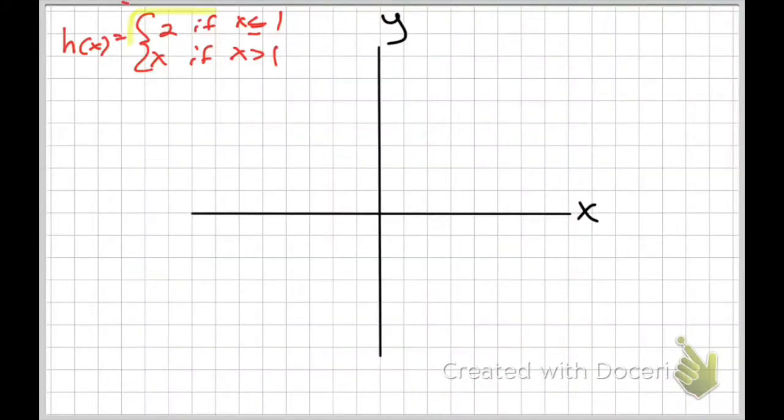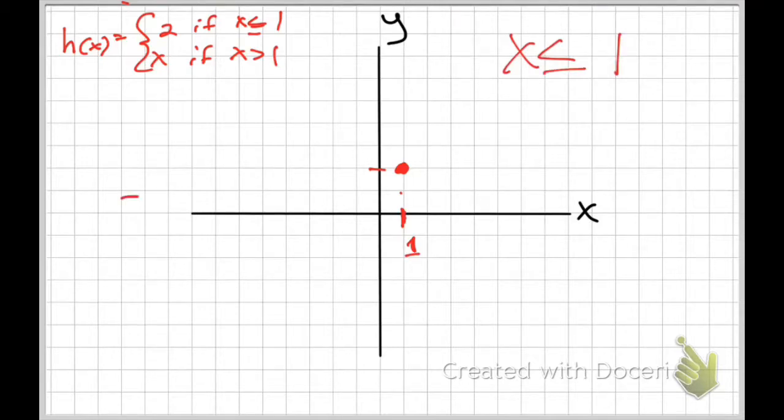So let's start with this function here. I'm just going to be graphing 2 whenever x is less than or equal to 1. So here is 1, and I'm going to go up to 2. I'm just going to draw a horizontal line with a closed dot right here, because x is less than or equal to 1.